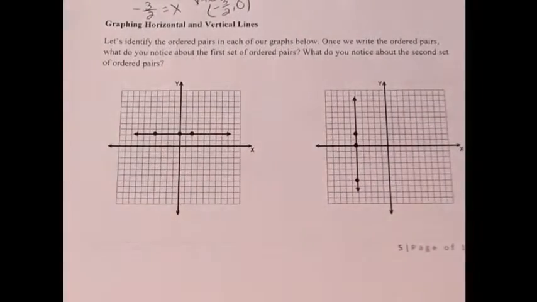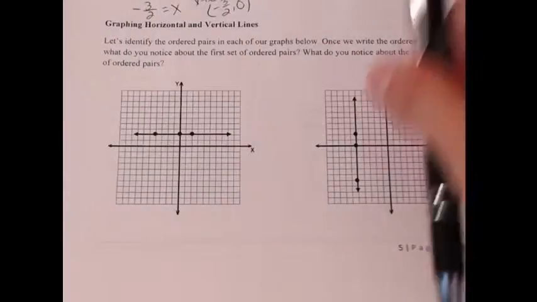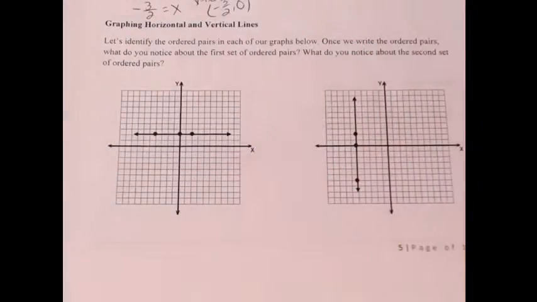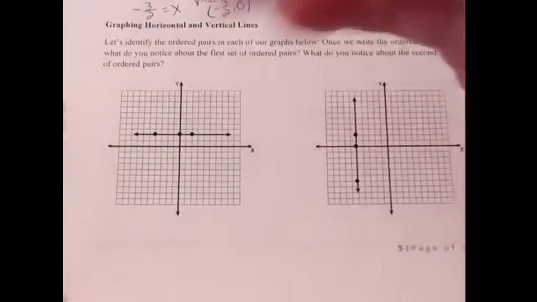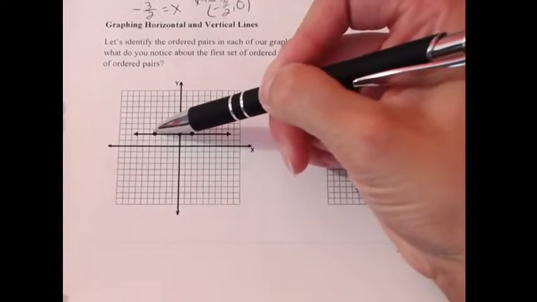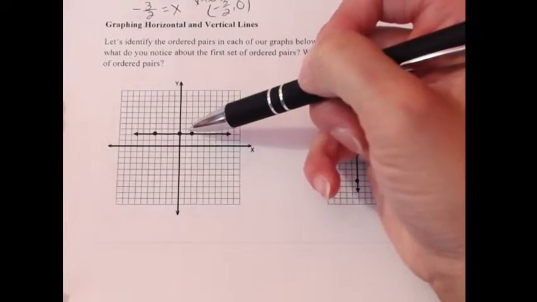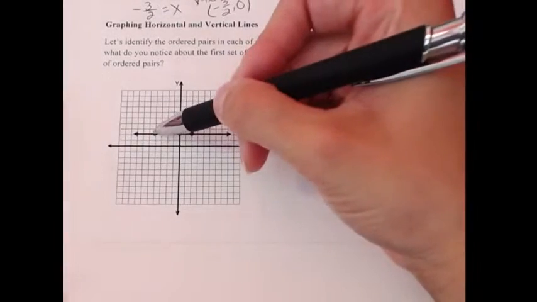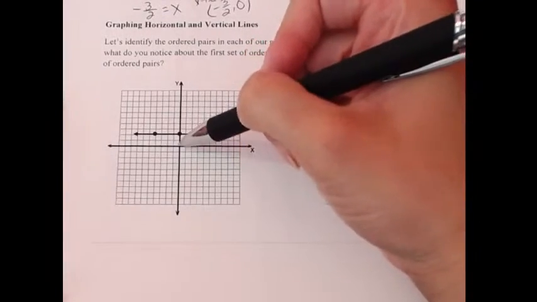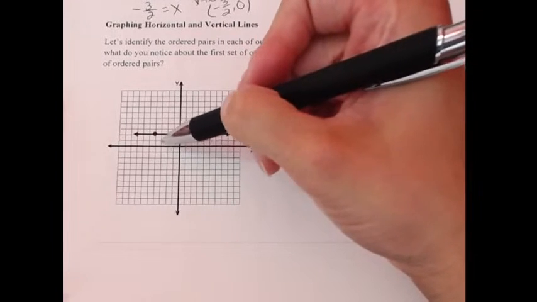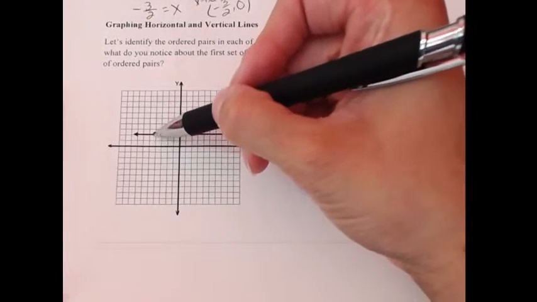Okay, let's take a look. So we have our horizontal line here, right? So what I wanted us to notice is I wanted us to write down the ordered pairs for these 3 points that I've identified. So if I start with the point furthest to the left, this is actually negative 1, negative 2, negative 3, negative 4, up 1, 2.